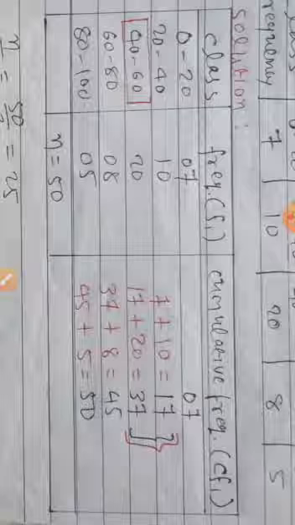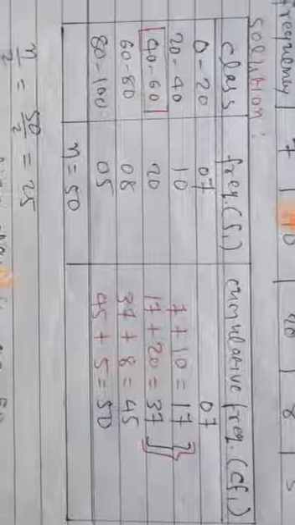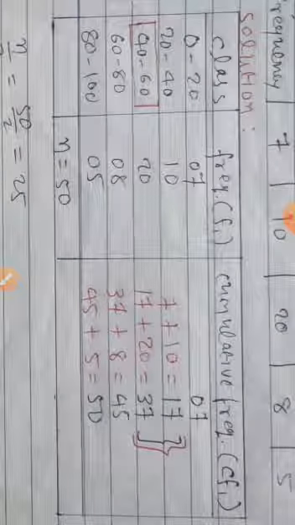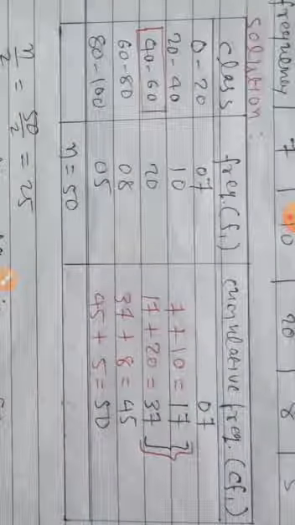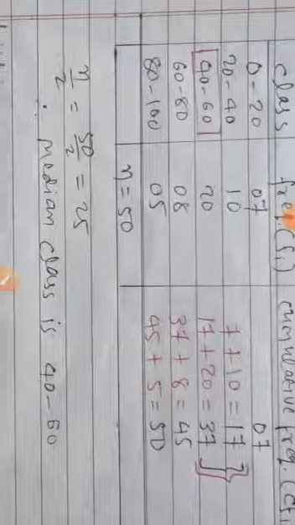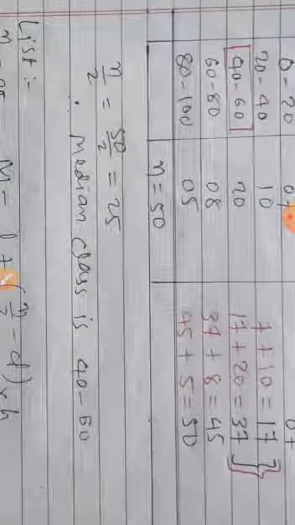If you can see 25 directly in the second row, then you can say 20 to 40 is the median class. If you can see 25 in the third row, then you can say directly 40 to 60 is the median class. Whereas here it is in between 17 and 37, so out of these two, the next row is the median class.